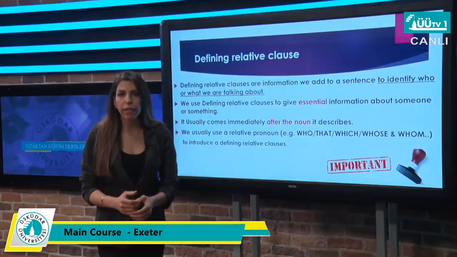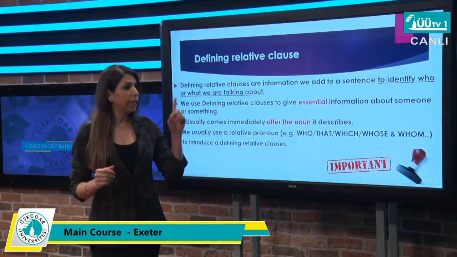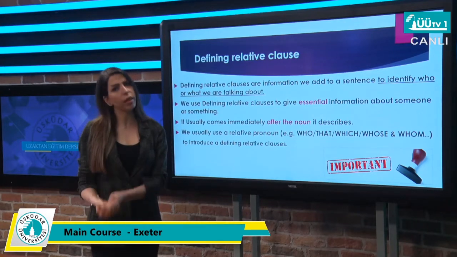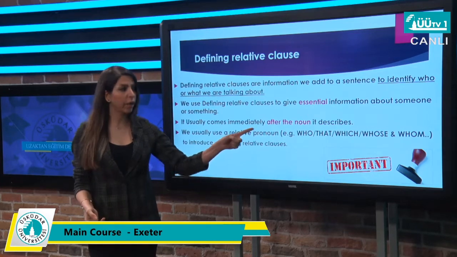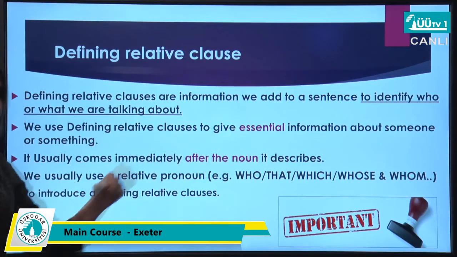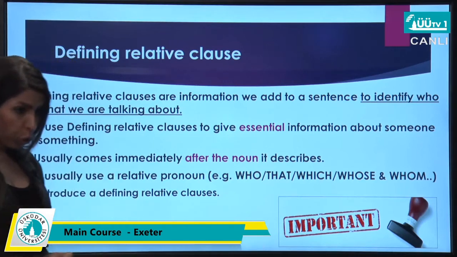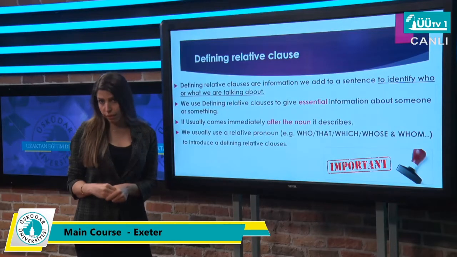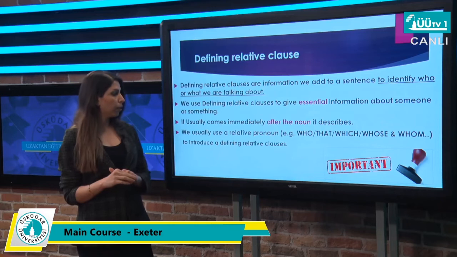Yes, it is really important to know that this kind of clause is really important. As I mentioned here, essential. They are essential. They are important. Can you see that? This clause is important. So when I say it is essential, it means that you cannot delete it. You cannot take it out from the sentence. So be careful about it.